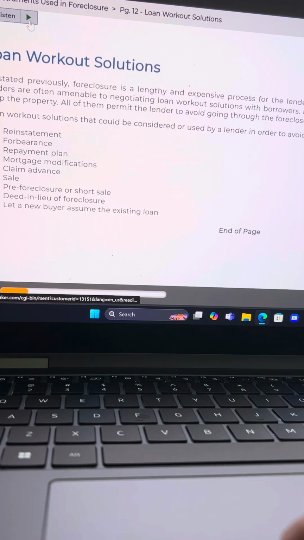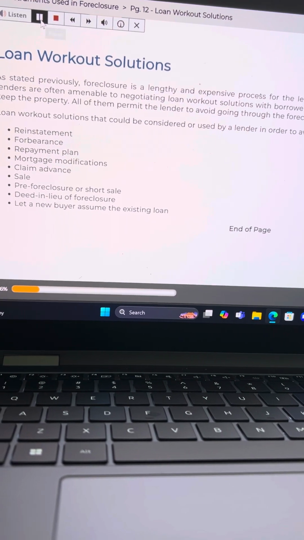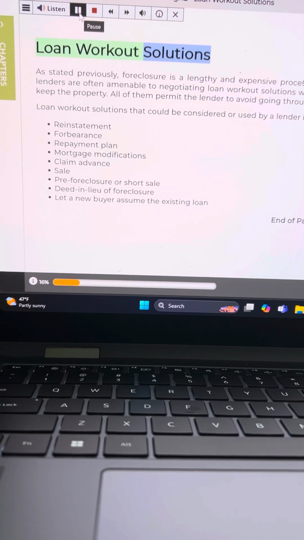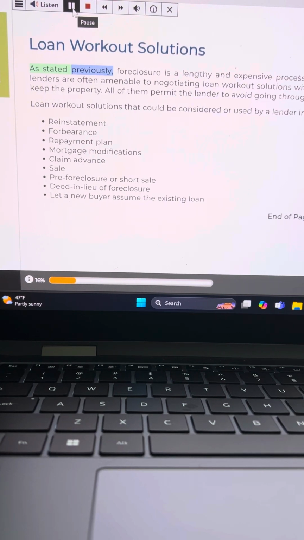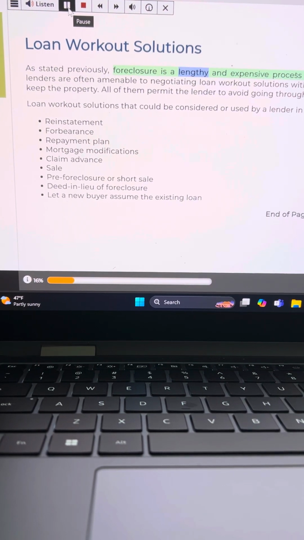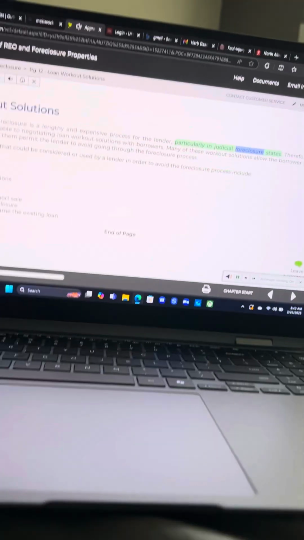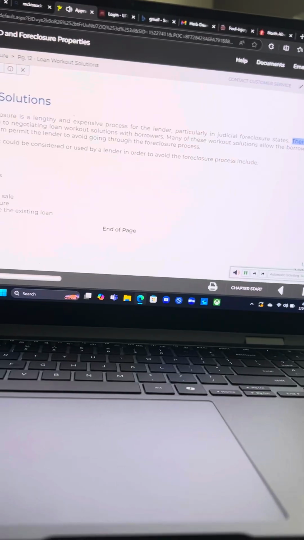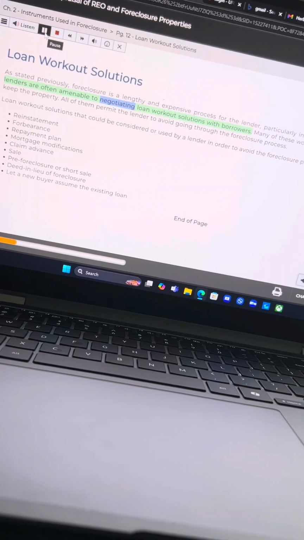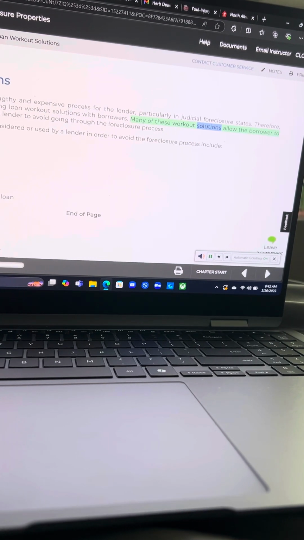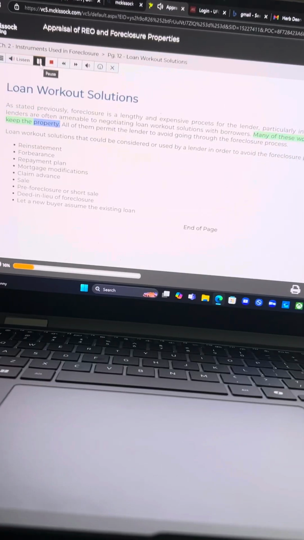Page 12, loan workout solutions. As stated previously, foreclosure is a lengthy and expensive process for the lender, particularly in judicial foreclosure states. Therefore, lenders are often amenable to negotiating loan workout solutions with borrowers. Many of these workout solutions allow the borrower to keep the property.